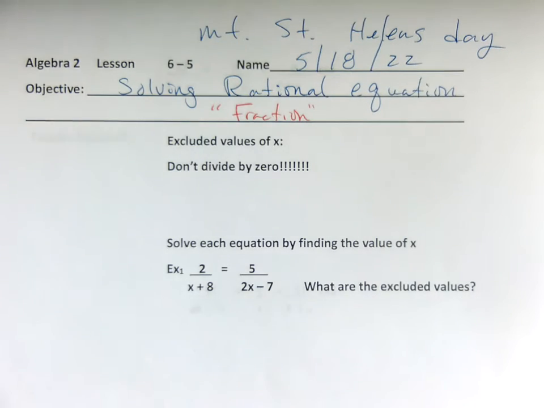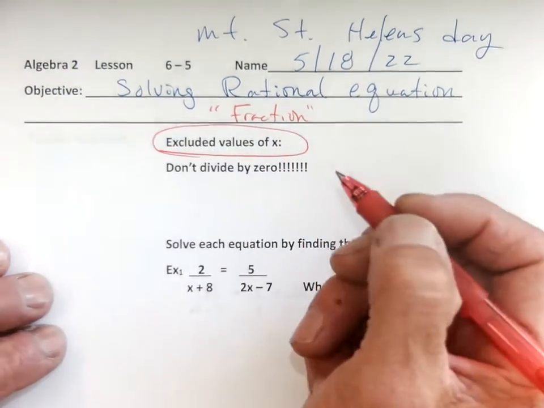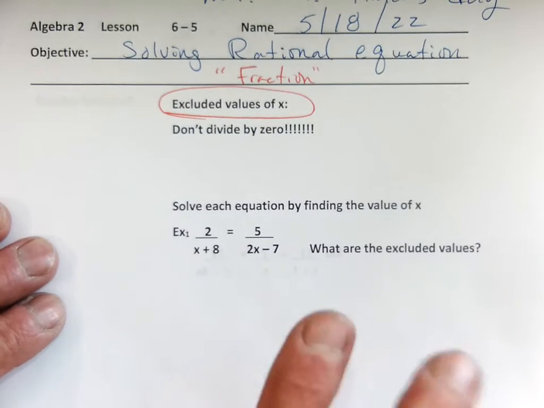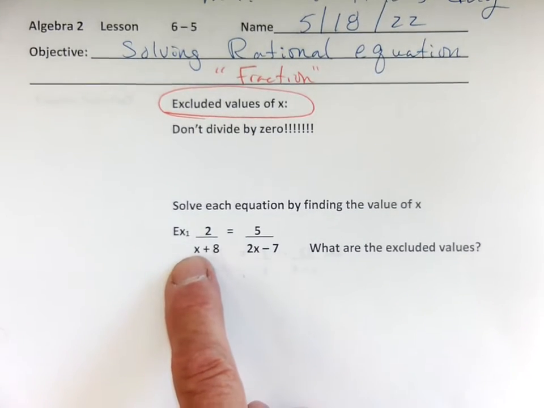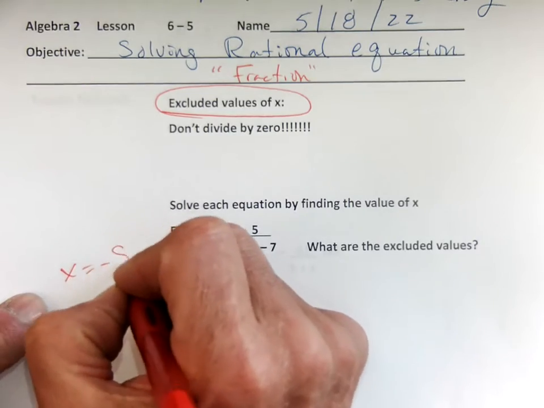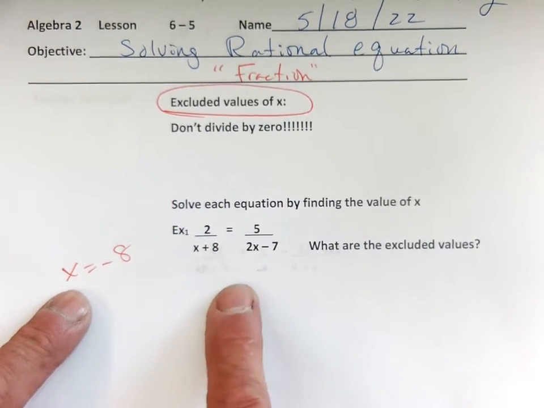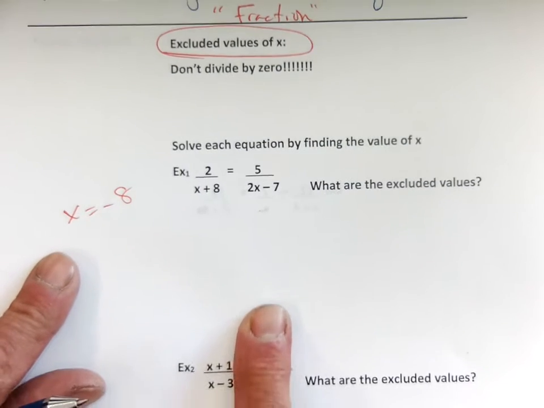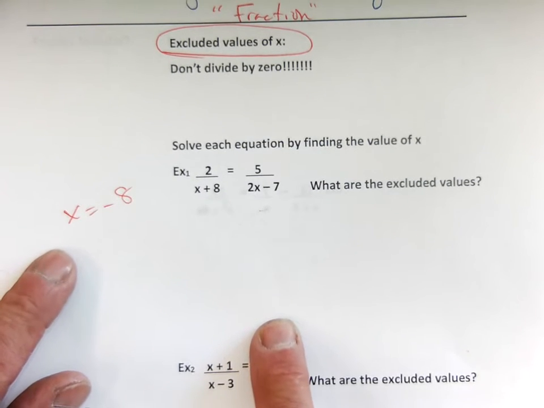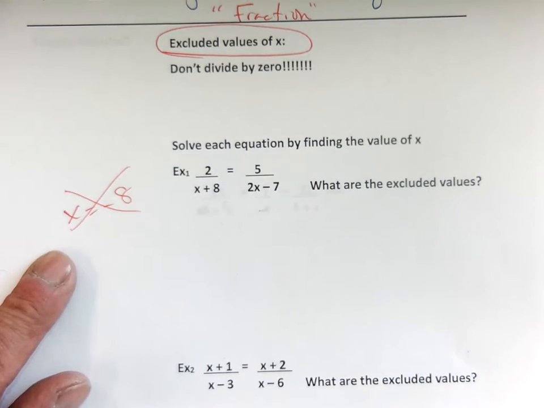Okay, so the biggest thing we have to be careful of are excluded values. For example, in example 1, if we do all the solving and we get x equals -8, we throw it away because x cannot equal -8.